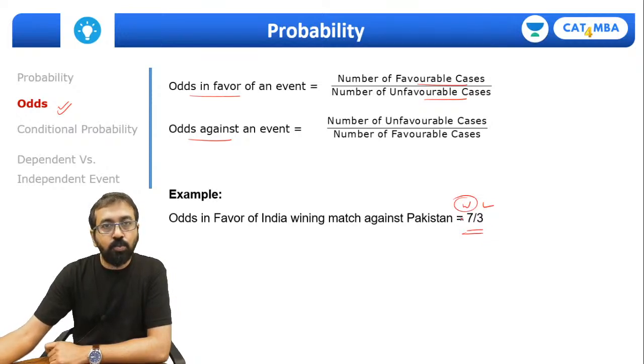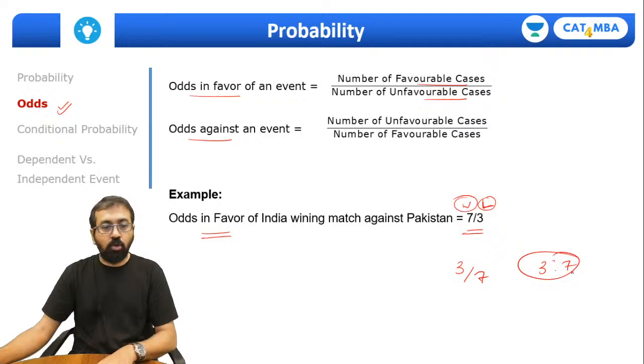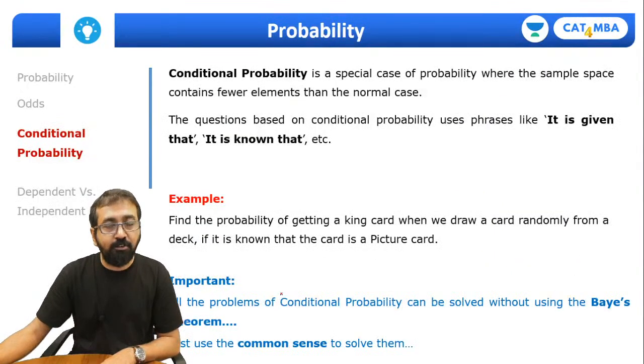So 7 results were in our favor and 3 results were not in our favor. This is called odds in favor. In the same way, odds against will be 3/7, or you can also say 3:7. I'm sure all of you have understood this concept of odds in favor and odds against.